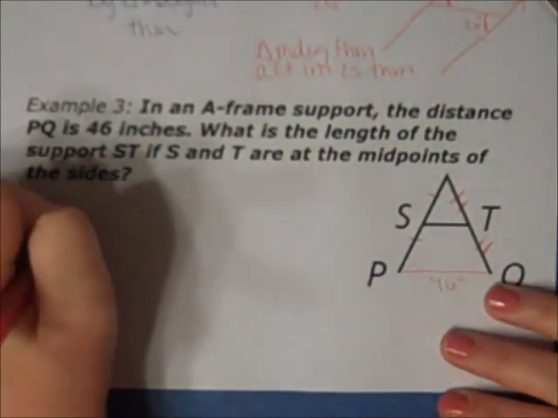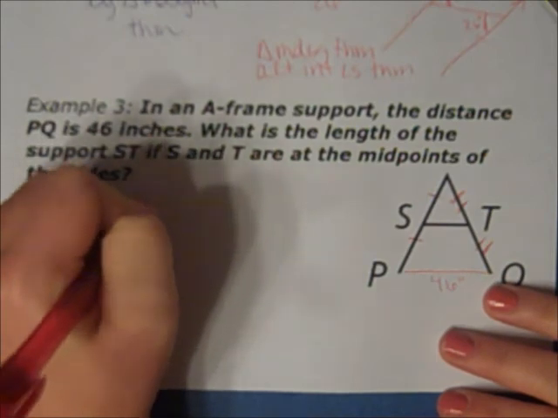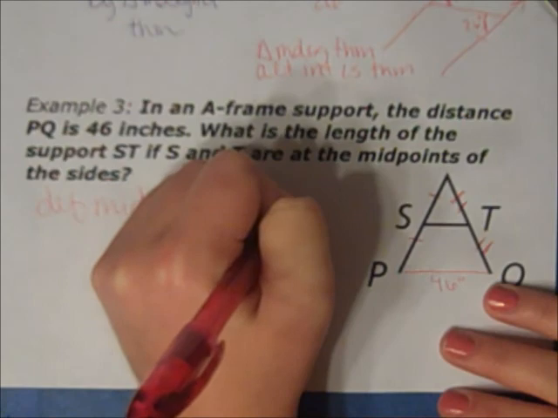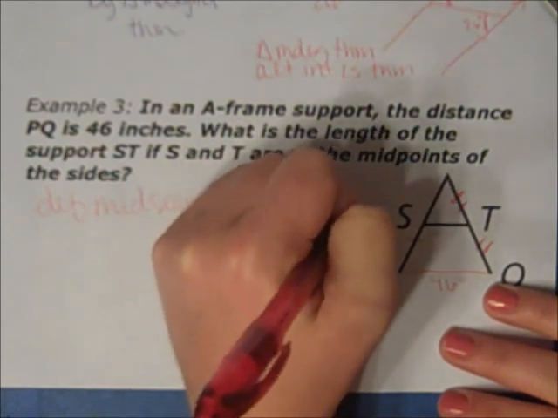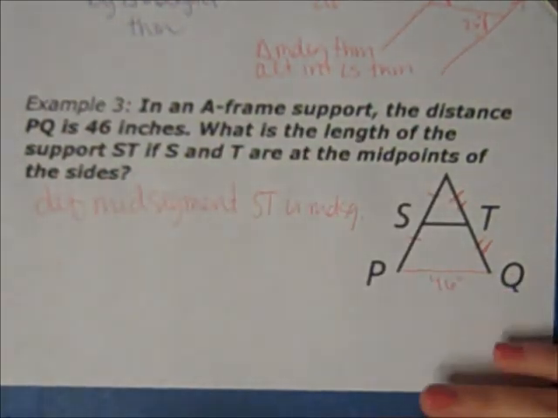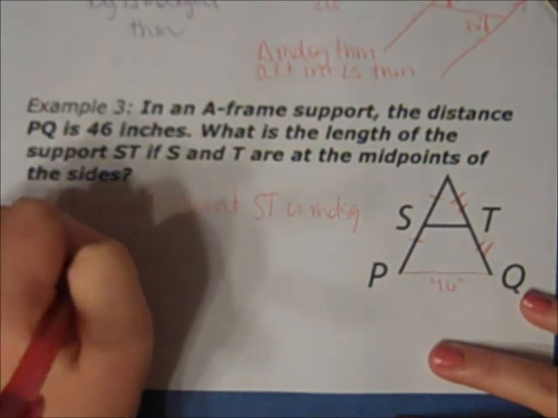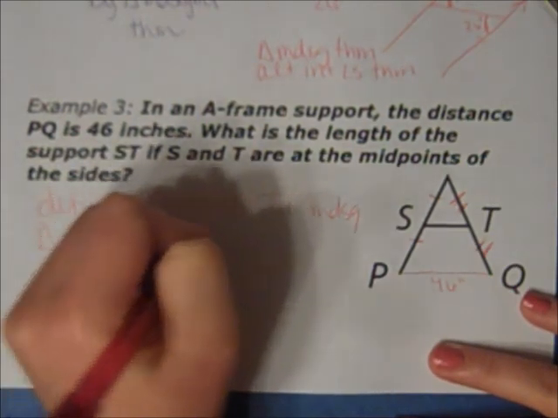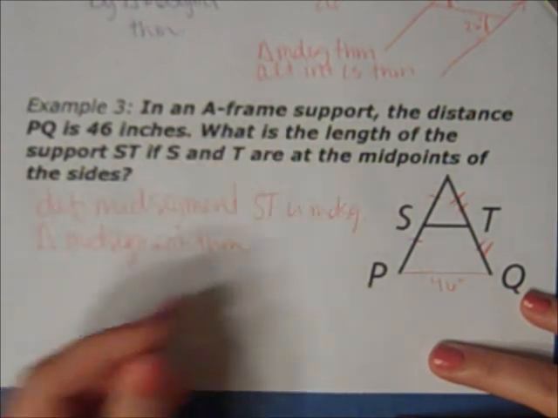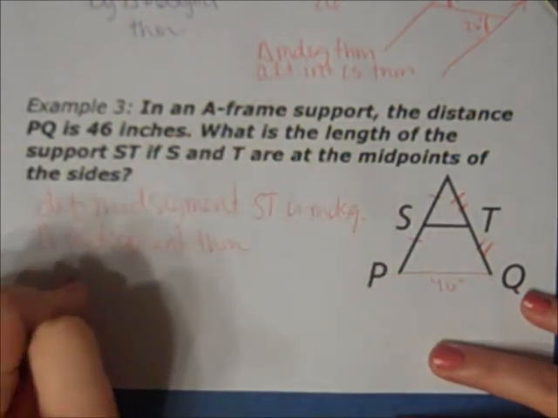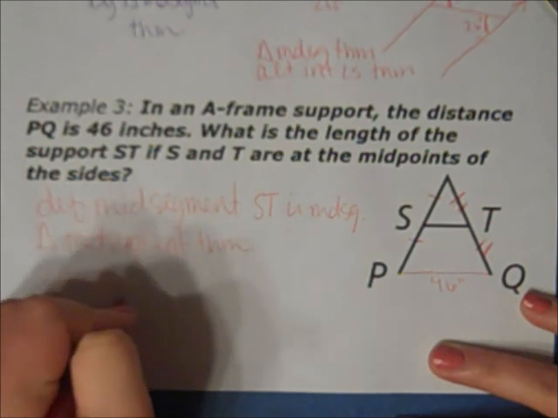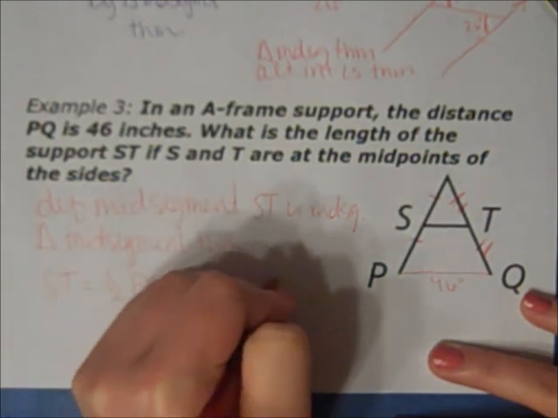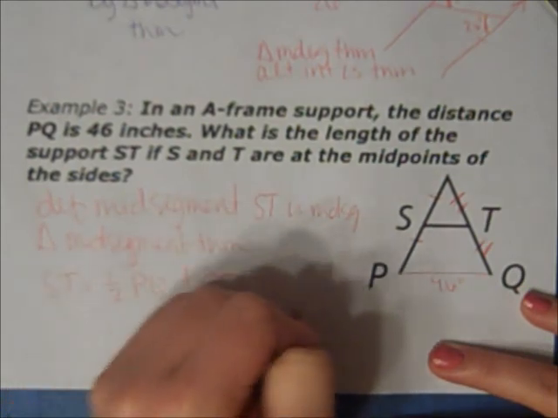So by definition of a mid-segment, I know ST is a mid-segment. Therefore, by the triangle mid-segment theorem, I know that ST is half the distance of PQ. Therefore, ST is 23 inches.